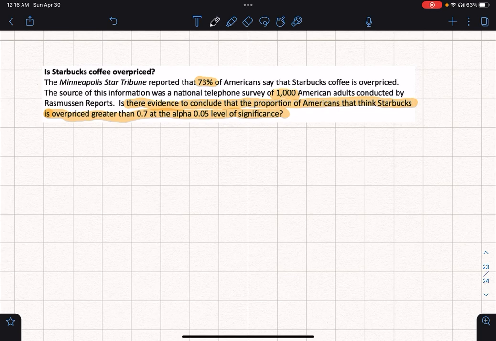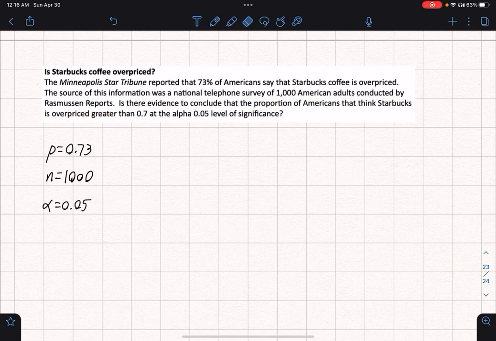Okay, so we see that p is equal to 0.73, n here is 1,000, and alpha is 0.05. What are we being asked? Can we conclude that the proportion of Americans that think Starbucks is overpriced is greater than 0.7?